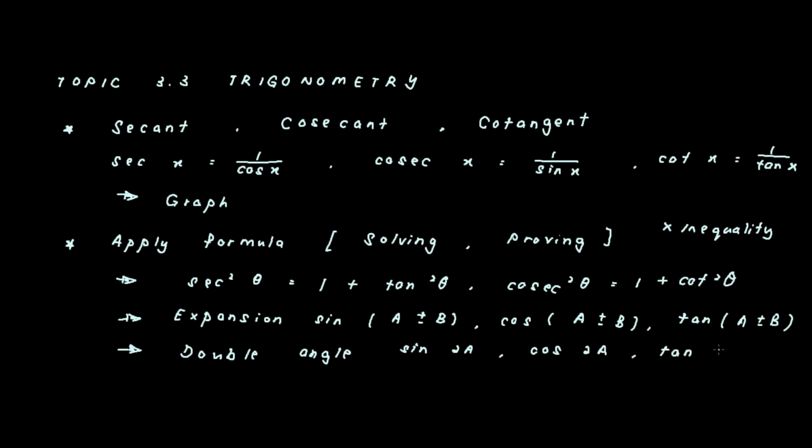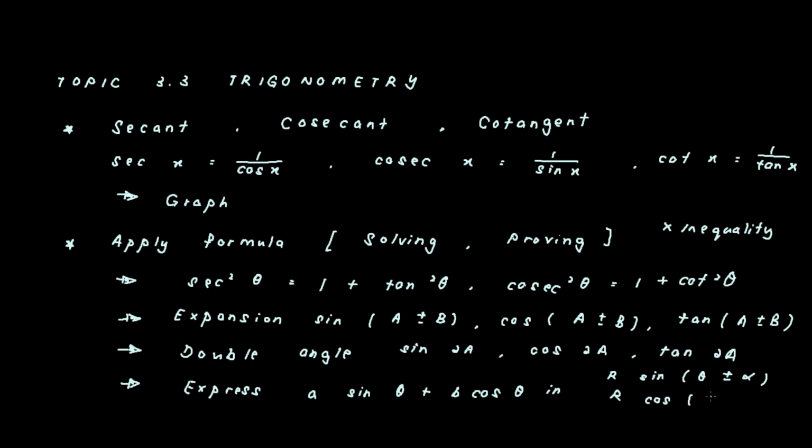Then after that, the last one, which is for today's lesson, you learn how to express a sine theta plus b cos theta in the form of, sorry, I don't have enough space, sine theta plus or minus alpha, or the other one is like cos theta plus or minus alpha. Okay, so those are the things that you have learned under the topic of trigonometry.